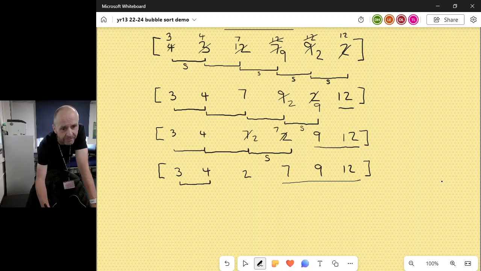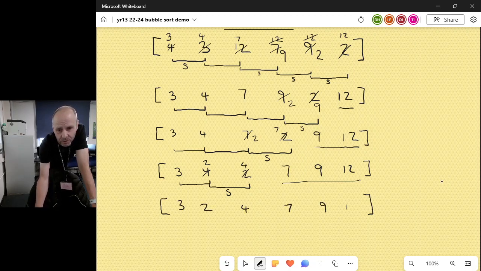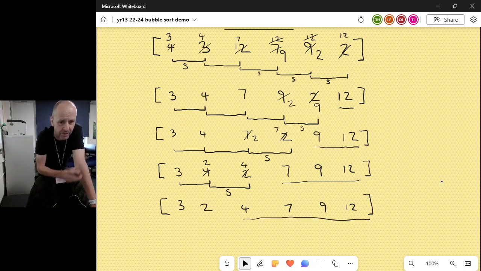So 3 and 4, they're fine. 4 and 2, they're not fine. So we're going to swap. 2 goes there, 4 goes there. We had a swap, so we've got to do another pass. So we've got 3 and 2, but 4, 7, 9 and 12 are all locked in position, and we don't have to do anything.